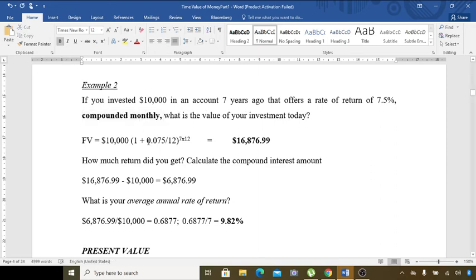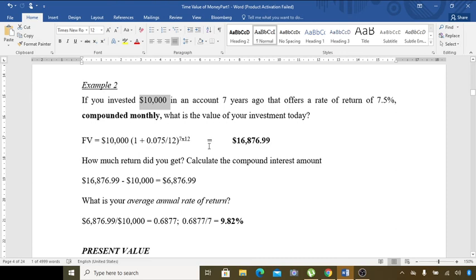And to the power of 7 times 12. Why? Because T, the number of years, is 7 years, and M, the frequency of compounding, is monthly, i.e. 12. So 7 times 12 is 84, right? So you get $16,876.99.